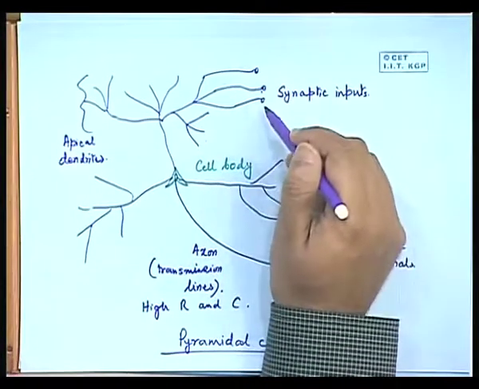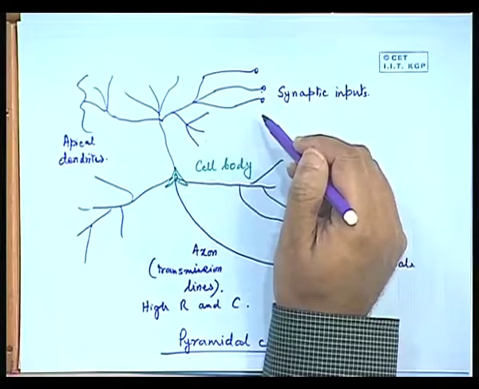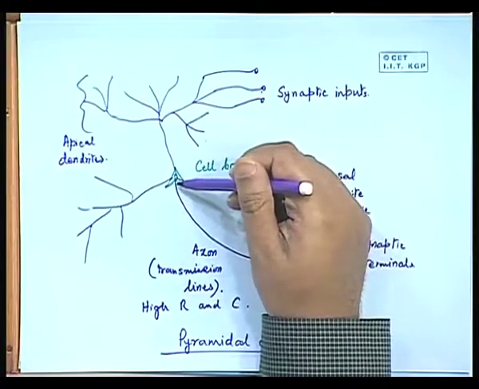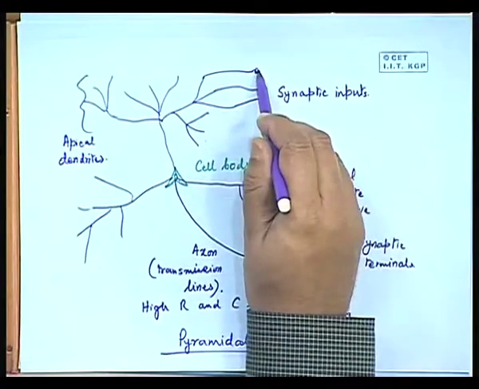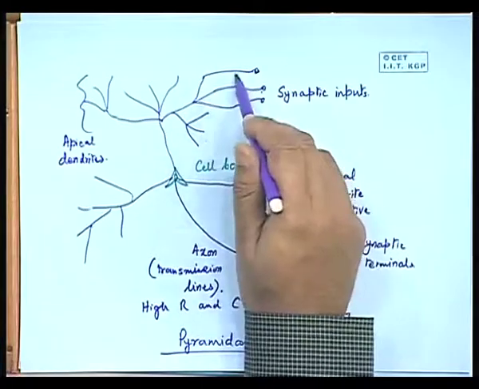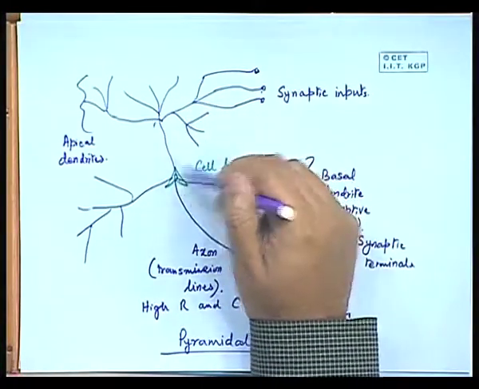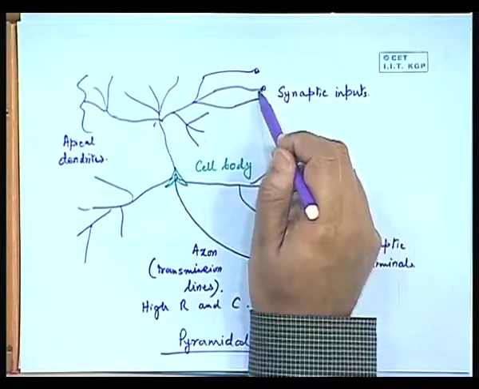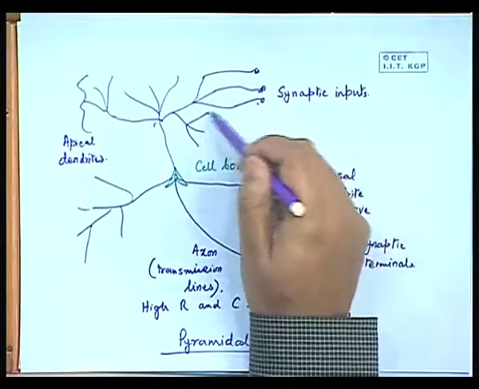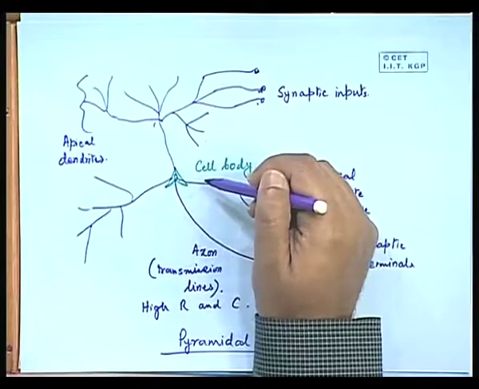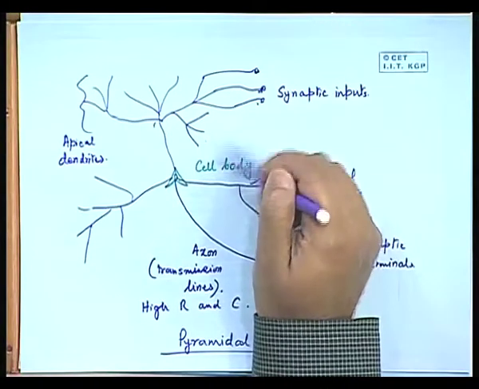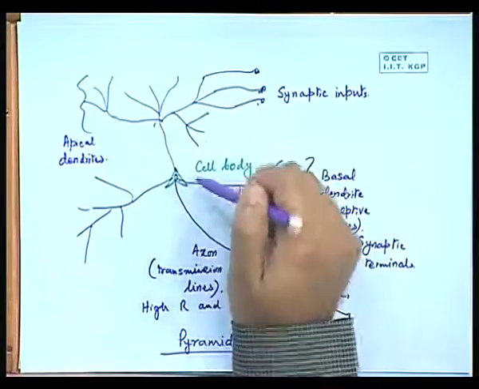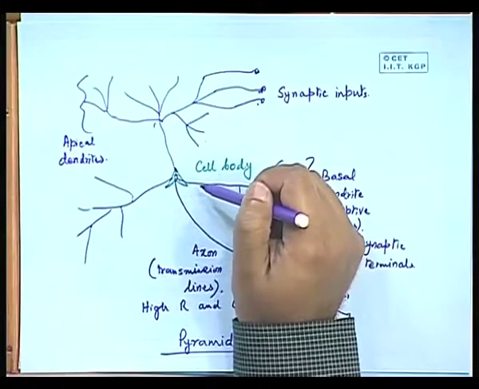Now, if the connections happen to be very strong, in that case the signal strength also will be large there. Like here, if this connection is strong, then the signal that will be contributed by this input will be much more than if this happens to be a weak synaptic link. In that case, the signal coming from here will be weaker. So, the strength of the synaptic connections will decide what the net signal is that will come to the cell body as the net input.